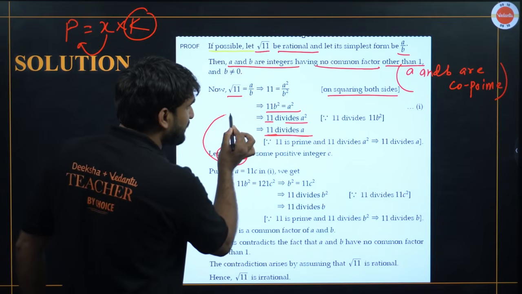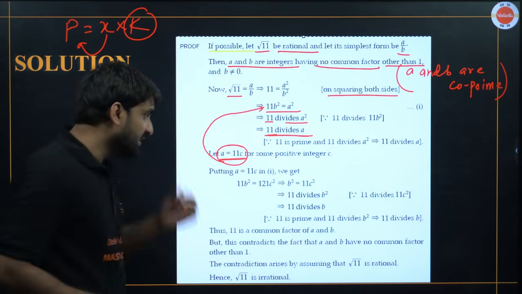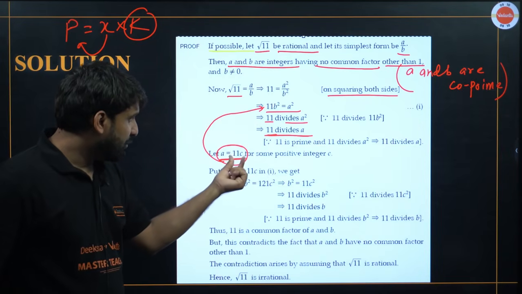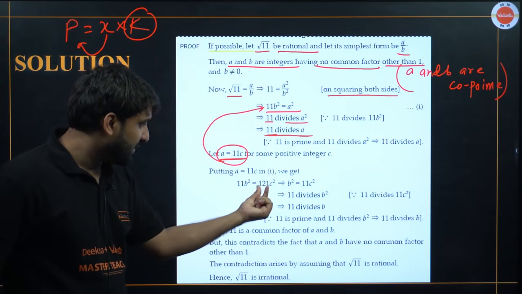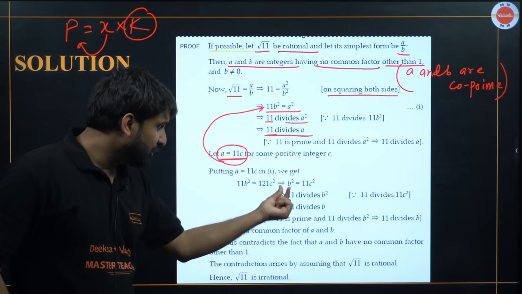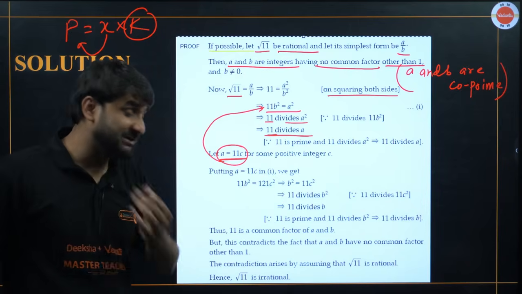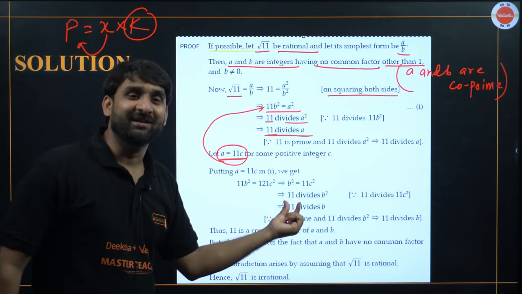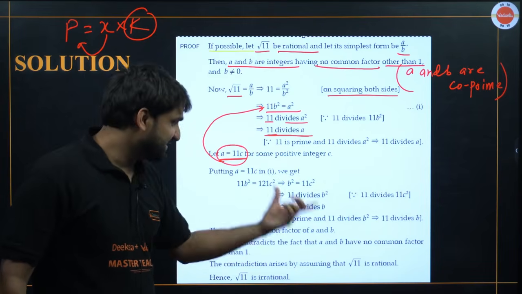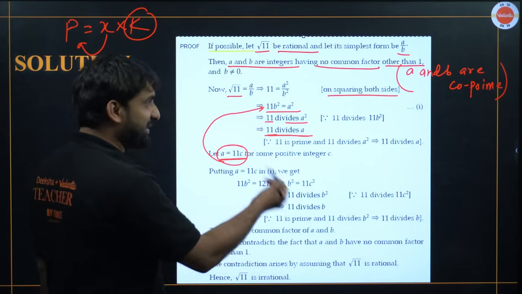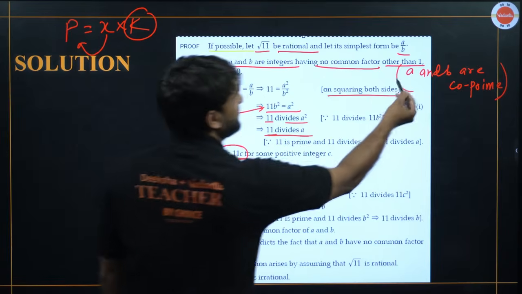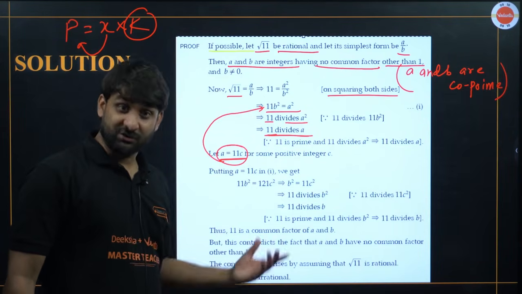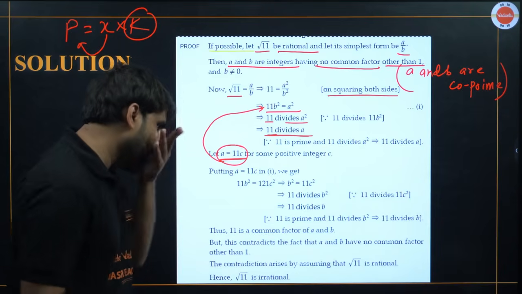Now we put this in the equation again. So 11b square, and in place of a we put 11c, so 121c square. 11 will cancel, so b square is equal to 11c square. Now b square is divisible by 11, so b is divisible by 11, which makes a contradiction, because a and b are co-prime but here we get one more factor, 11.